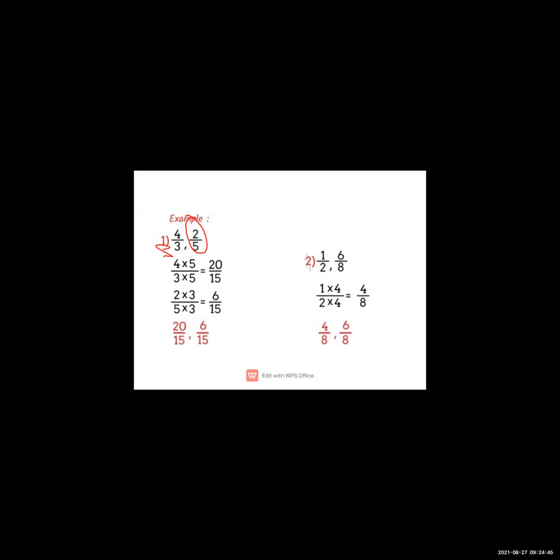Then you will get the same denominator. In the second sum, what we have seen is that the second fraction's denominator comes from the first fraction's table, so there is no need to change the whole fraction. There is only need to change the first fraction. We got 8, it means we got the second fraction answer also. So there is no need to touch the second fraction. Keep it as it is.